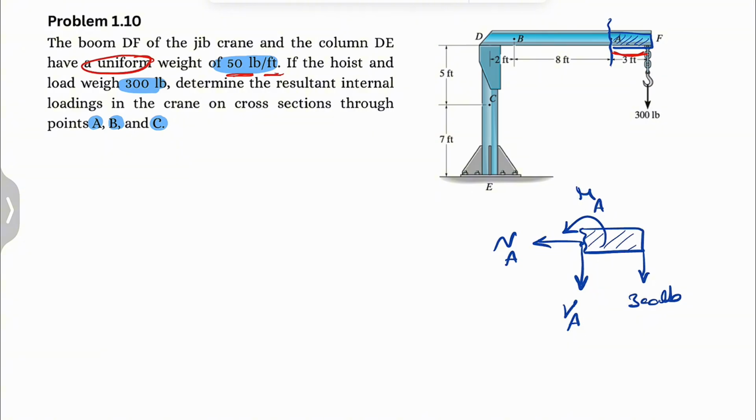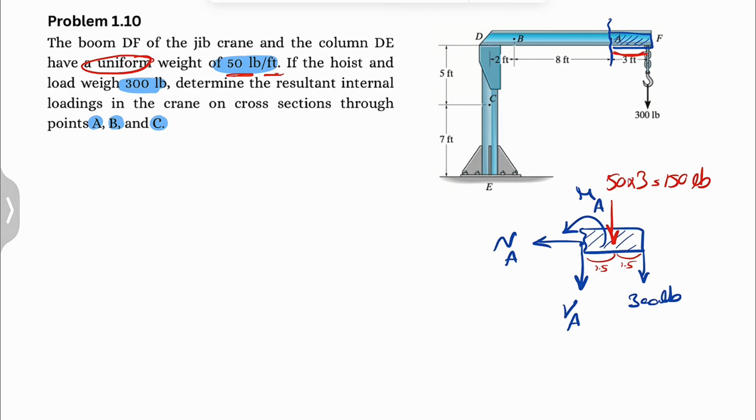Because the beam is uniform, the center of gravity would be exactly at the center, which will be 1.5 feet from the two ends. So that's going to be our force, and the force is going to be 50 times the length, which is 3. So we have 150 pounds force in here too.